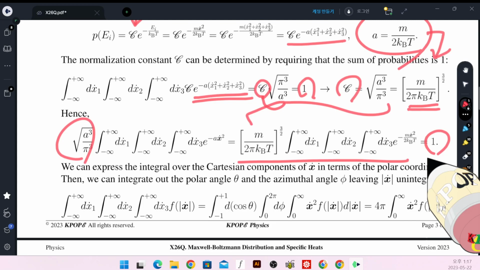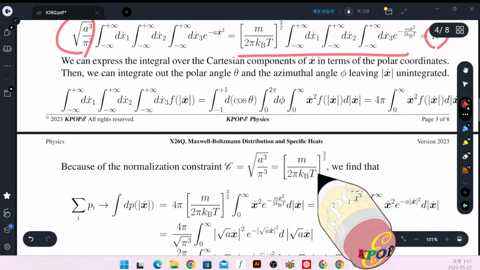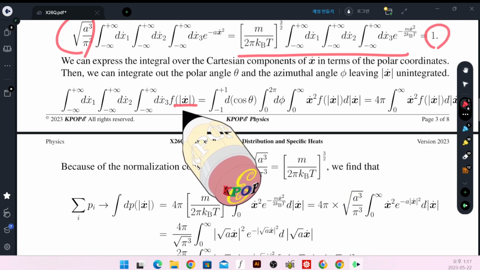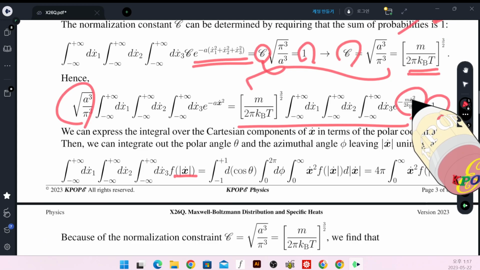Next, we make use of this probability distribution to evaluate the average value or standard deviation, something like that. Statistical business has begun. So if I have some function that is just like this, we do not have angular dependence. Instead, the magnitude of the velocity, the speed, is our concern.